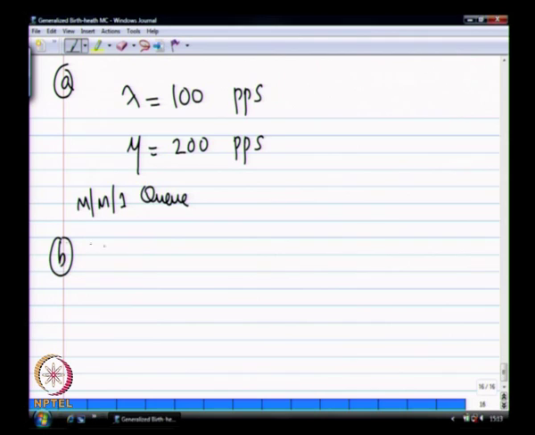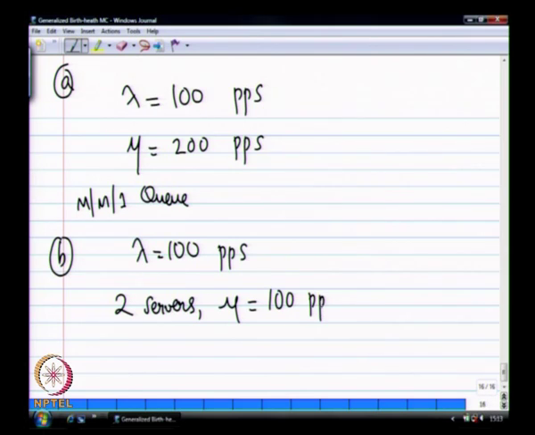Our alternate system has the same single queue setup, with 100 packets per second as arrival, but now I have 2 servers, and my mu is 100. So I have 2 slower servers versus 1 fast server, but only one common queue.